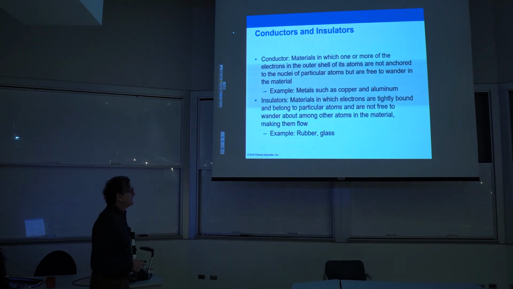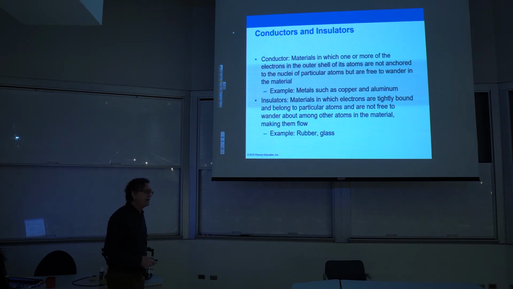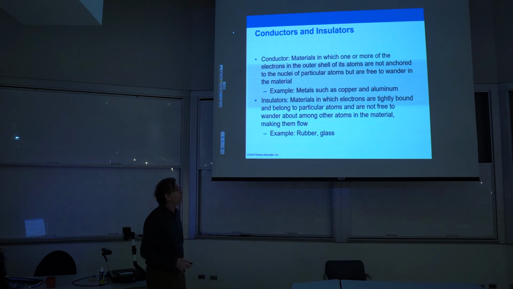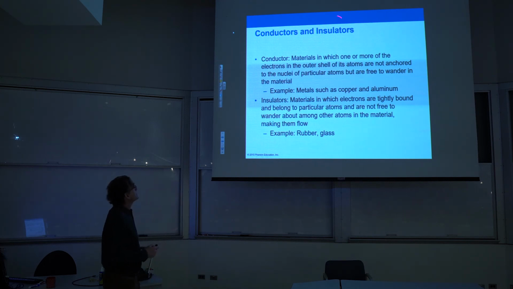Among the different materials that can accumulate charge, we distinguish them into two different classes or categories. One is called conductors and the other is called insulators. A conductor is a material in which one or more of the electrons in the outer shell are not well anchored to the nuclei, and they are basically free to wander in the material.